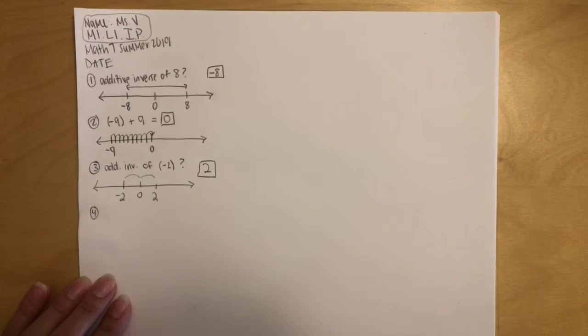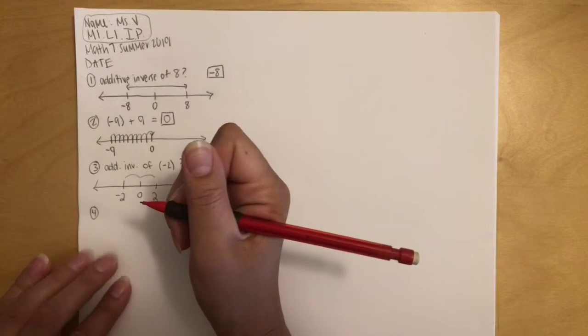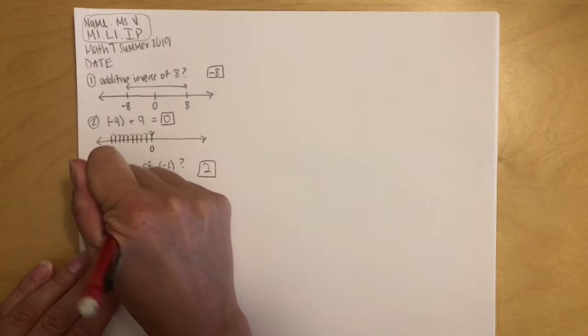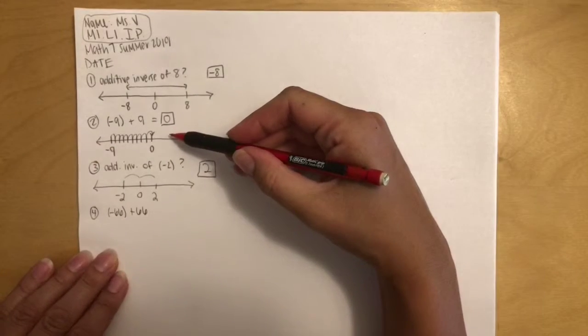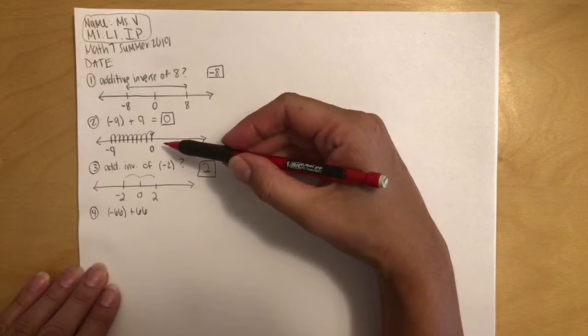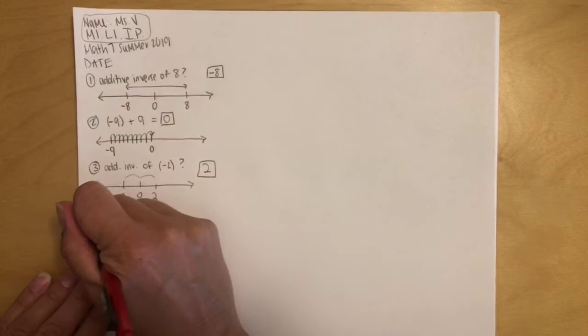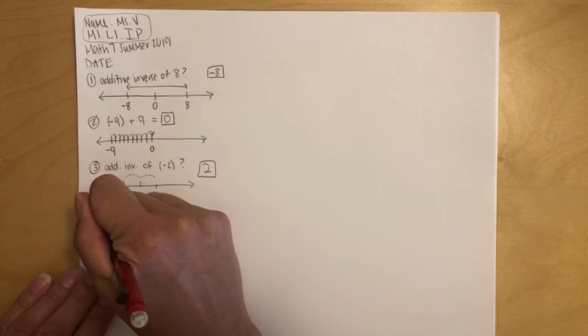Number 4. This says evaluate -66 plus 66. -66 plus 66. It's going to work the exact same way as number 2, except I'm not going to draw out 66 little dots or lines there. I'm just going to show it in a general sense. This is -66.